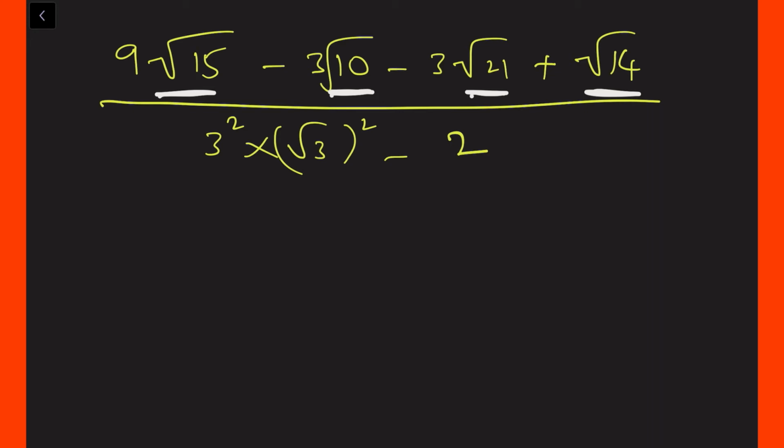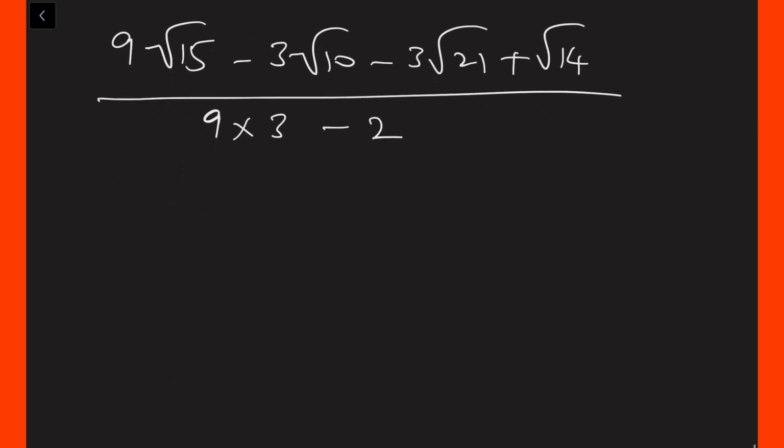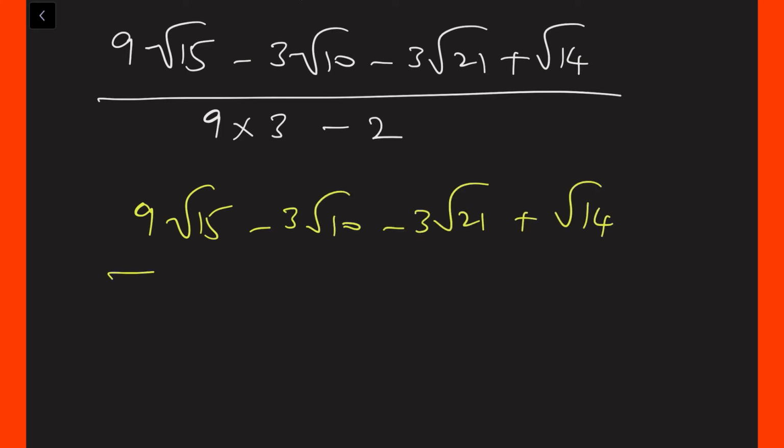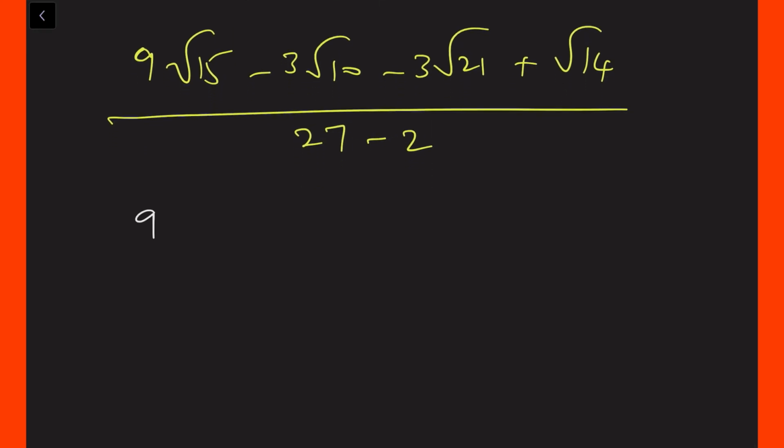Write the numerator completely as it is. 9 times root 15 minus 3 times root 10 minus 3 times root 21 plus root 14, whole divided by 3 square is 9, into 3 (square and root cancel), minus 2. 9 3s are 27 minus 2. We cannot simplify the numerator, so keep writing the numerator as it is.